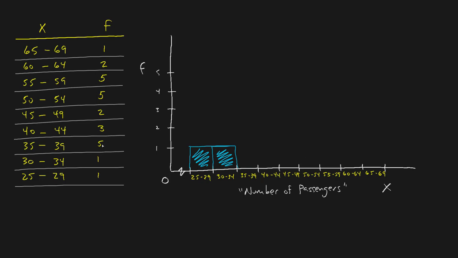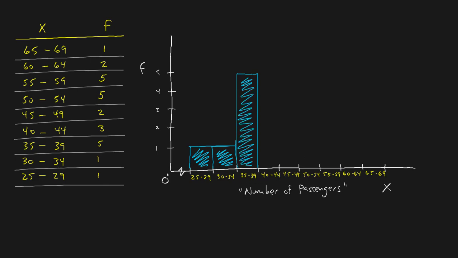35 to 39, I need to go up to 5. And so, again, I'm kind of wishing, actually I think I have a ruler on here. Yes, oh cool. Okay, so that goes up to about there, and then there, and so here is my next category.